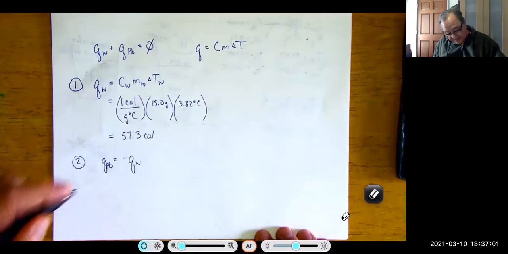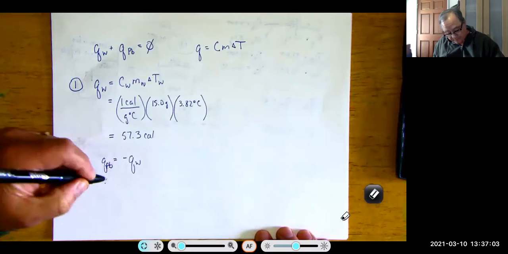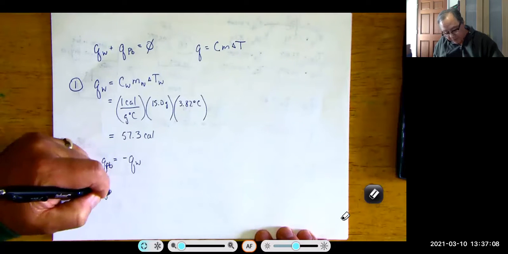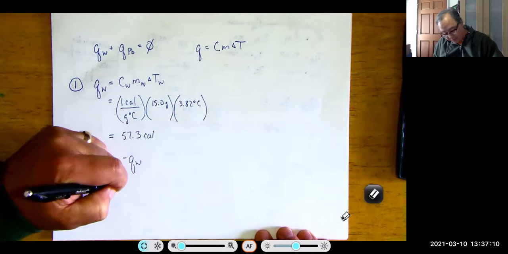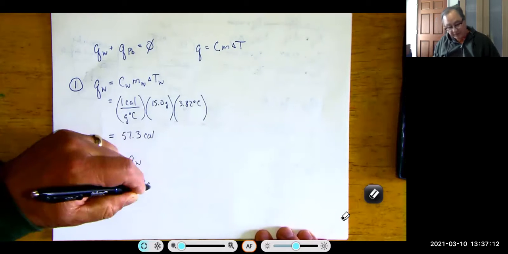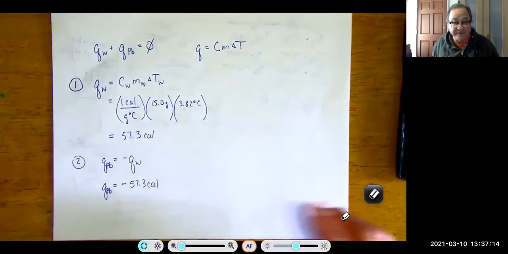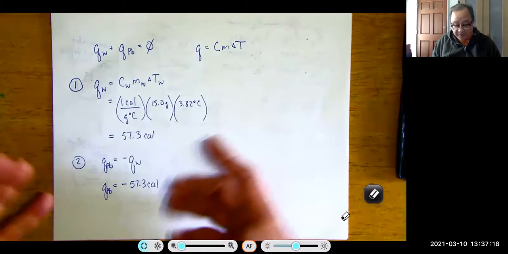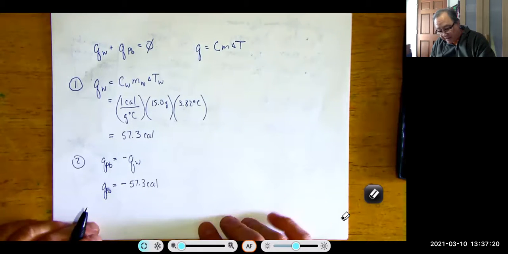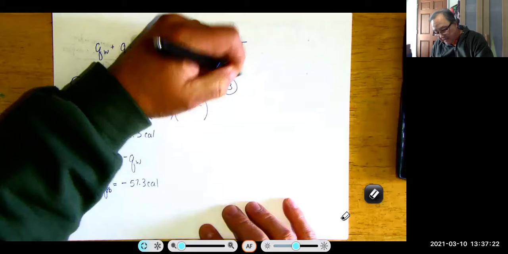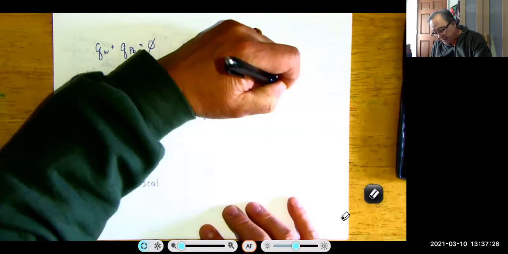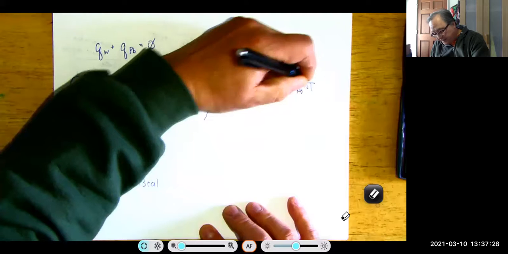So I'm going to say Q of the lead is equal to negative 57.3 calories. So there's my second calculation. Not really a calculation, just a substitution, if you will. And then my third calculation is Q of the lead is equal to C of the lead, mass of the lead, change in temp of the lead.